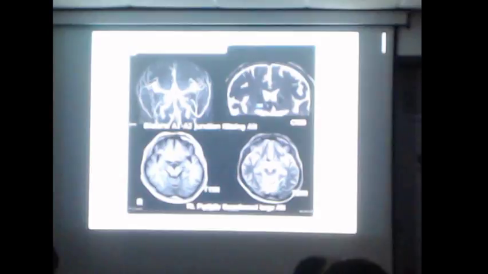MR angiography showed two aneurysms at the anterior communicating artery site, and MRI showed these two aneurysms kissing. MRI T1, T2 also showed the right side aneurysm is supposed to be partially thrombosed.